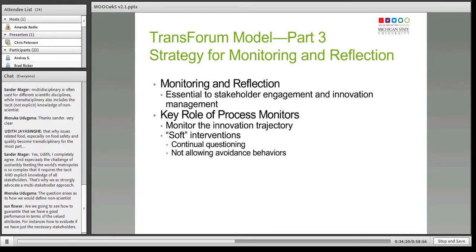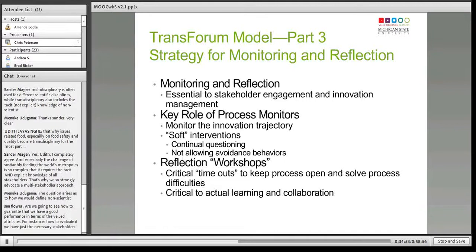If there was really something going on that was constraining the creativity and the ability of the group to innovate, that wasn't being brought to the group's attention for solution, the process monitor played this critical role of bringing those issues to the attention of the group even to the point of calling a reflection workshop.